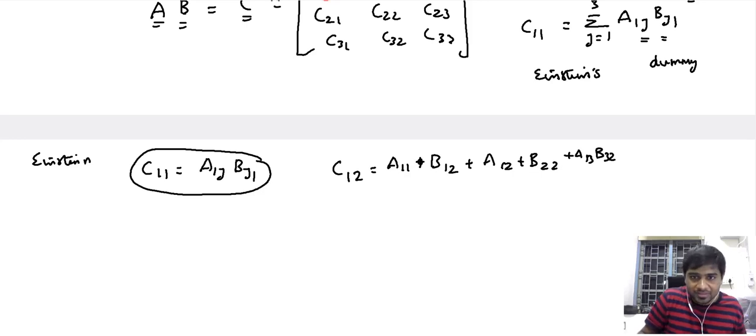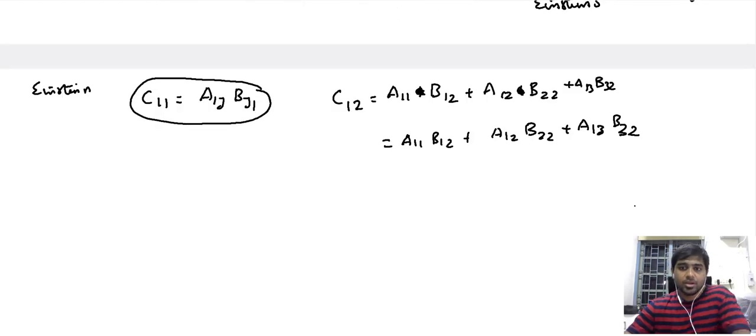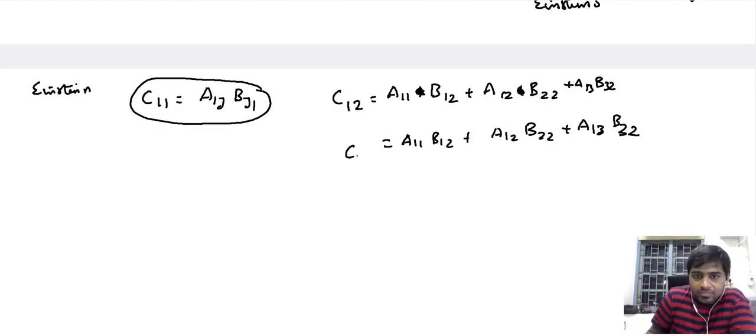Again, these are not summations, these are products. Pardon me, it should ideally be A11 B12 plus A12 B22 plus A13 B32. Now this is what the second element of the first row of the product matrix looks like, and this is the expression that yields it.